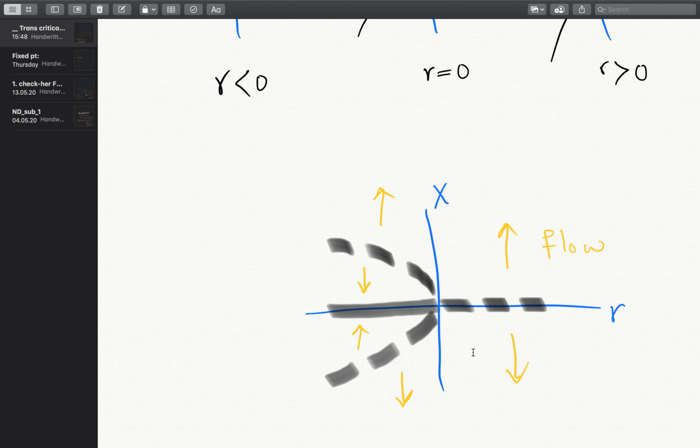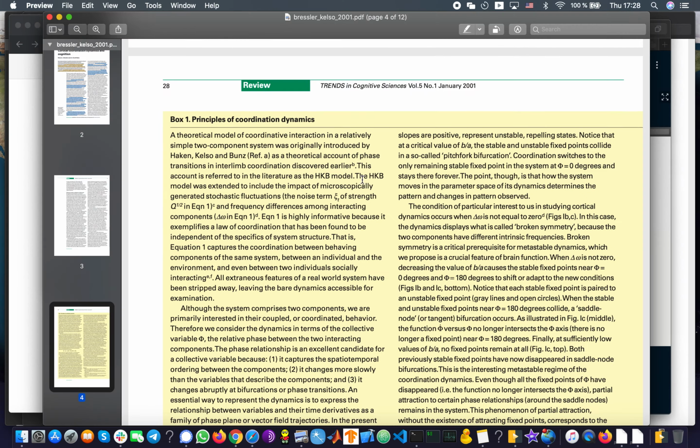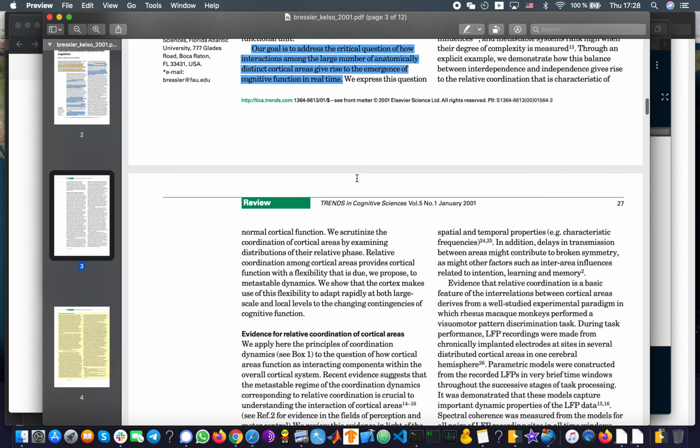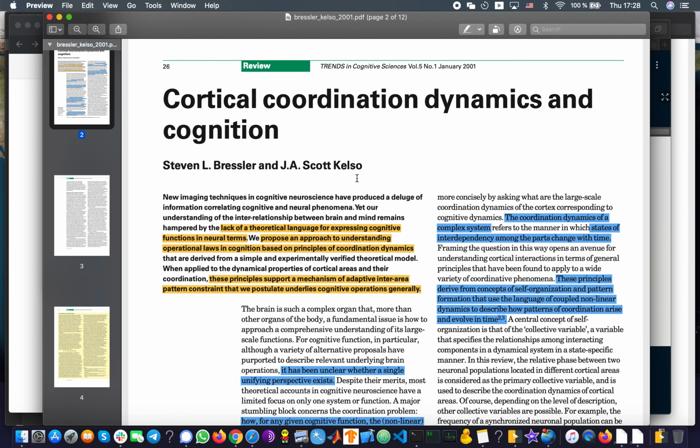Okay, so actually, maybe I can find it here. Yeah. This is just for showing how important it can be, because Anna asked last session about cognition.